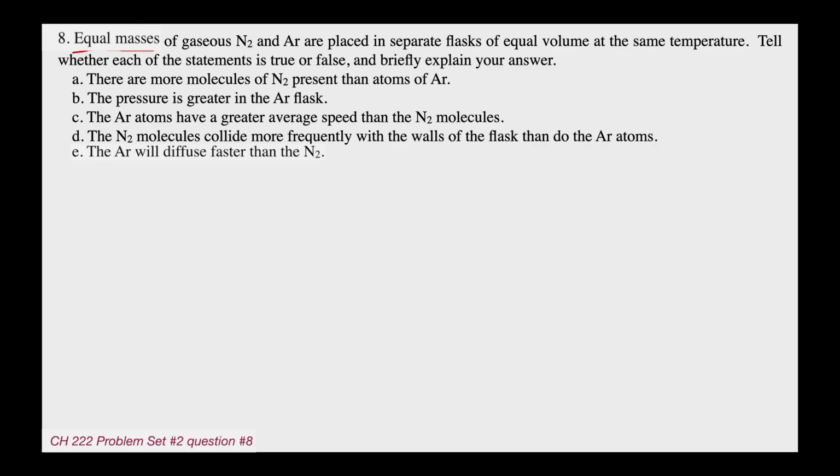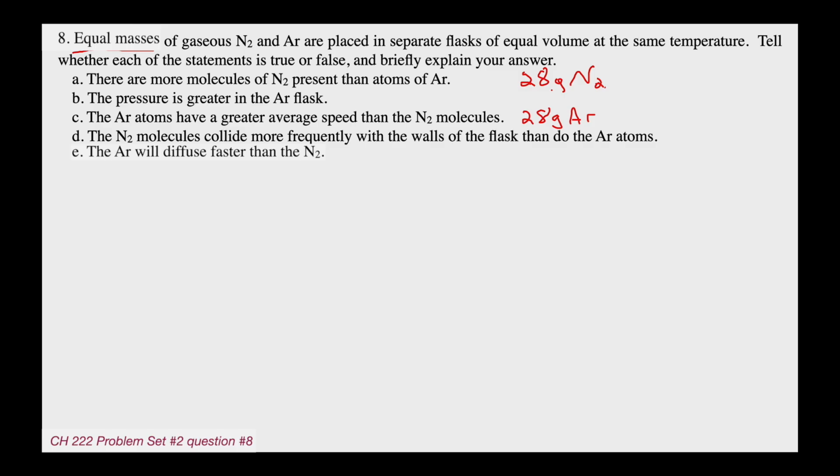If they're equal masses of N2 and argon, that would be 28 grams of nitrogen, and that would also be 28 grams of argon. So equal masses means equal grams. Now, what I'm going to do works regardless of what number you pick, but you'll see why I'm picking 28 here in a little bit.